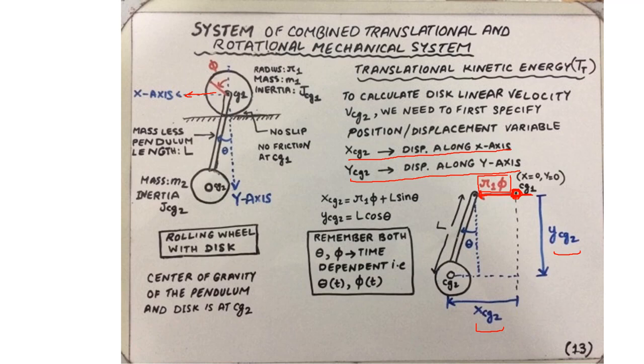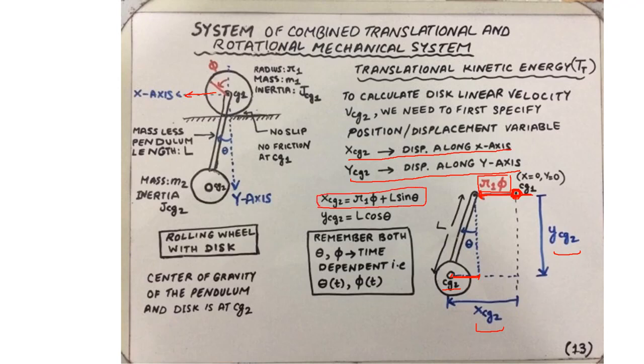Then to this distance we need to add another distance component which connects the center of gravity's new x coordinate with the center of gravity of the bottom disk, CG2, a straight line distance, this one, and that is nothing but L times sine theta. So essentially xCG2 is the sum of r1 phi plus L times sine theta.